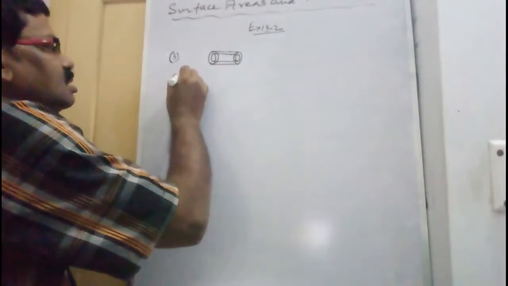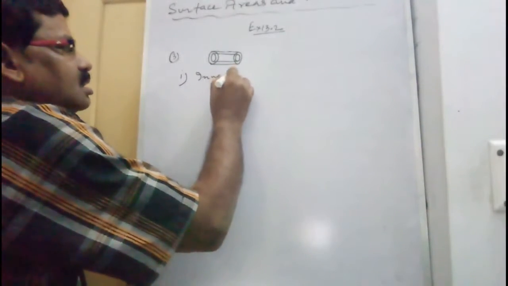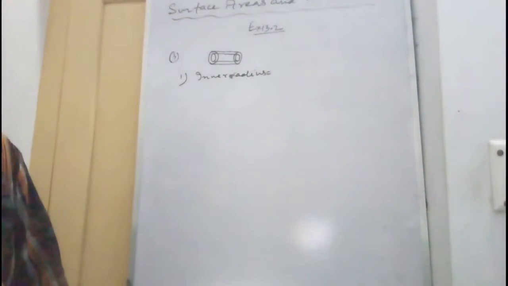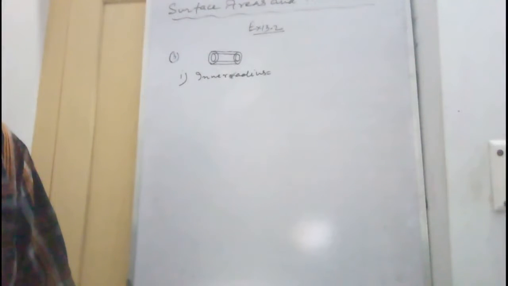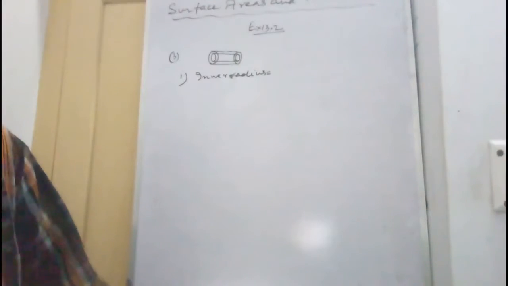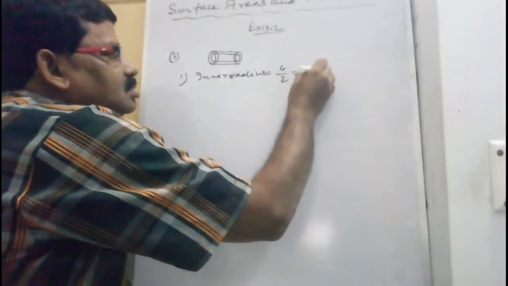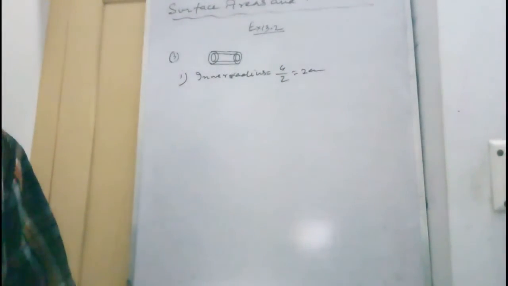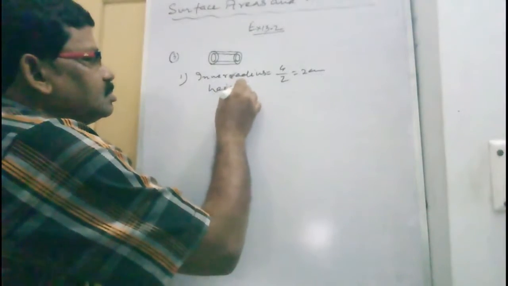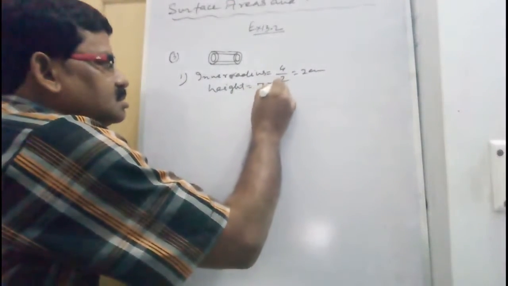So number 1, inner radius: as in this question the diameter has been given, 4 by 2, 2 centimeter, and height has been given, that is 77 centimeter.